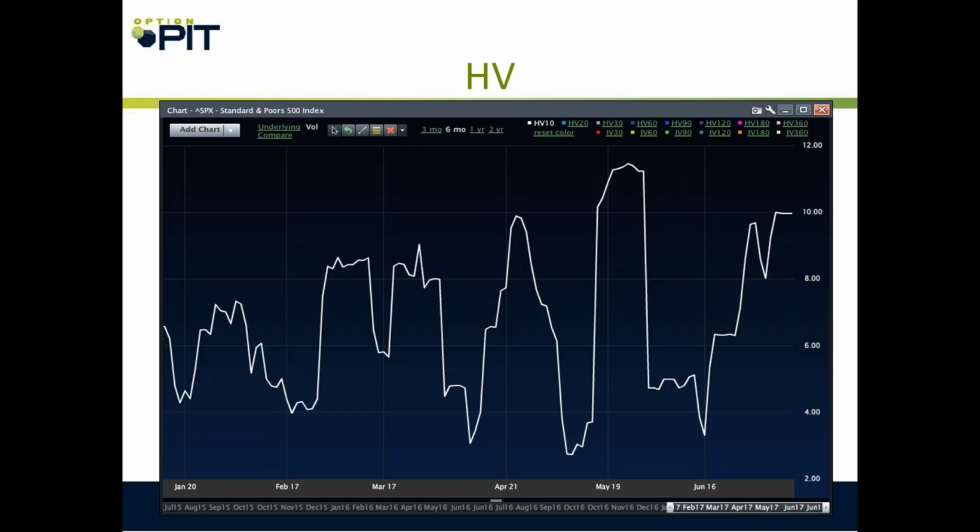Here's the S&P 500. This white line represents how much the S&P has moved over the last 10 days. So based on this, if this is July 13th, this is going to represent the last 10 trading days of movement.